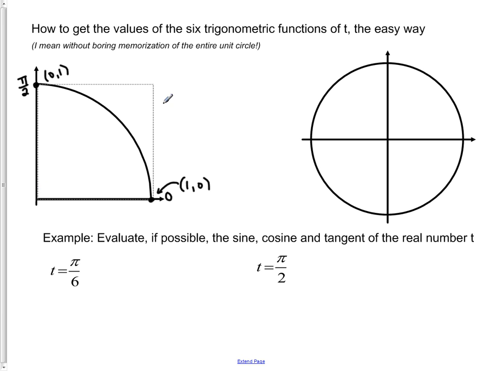First of all, you'll notice I have a square drawn in here, and I remember that when I had a square before, what I did was I came up with a special right triangle.